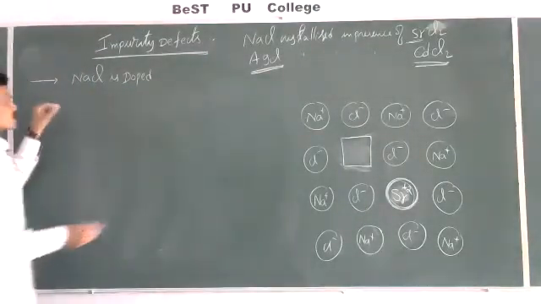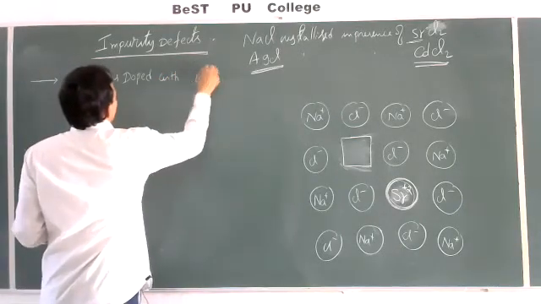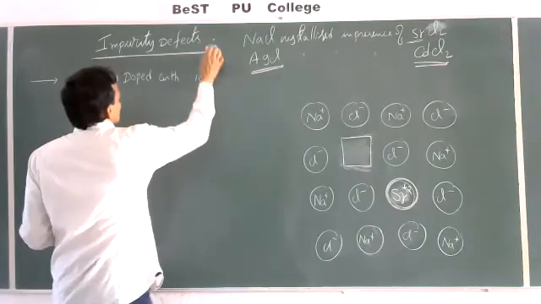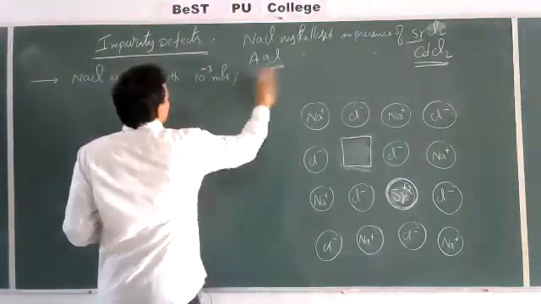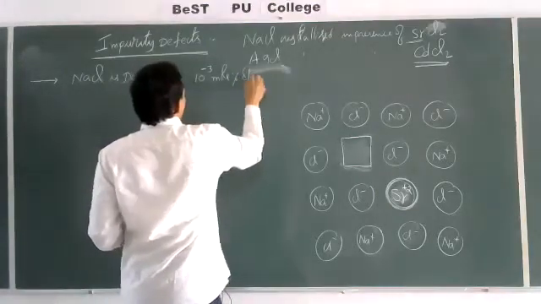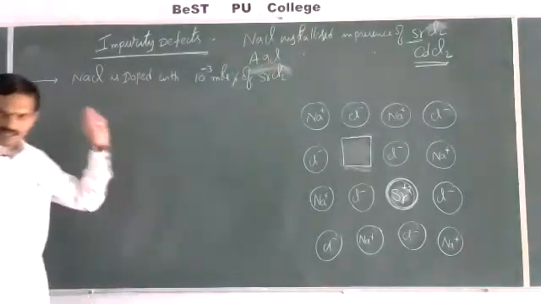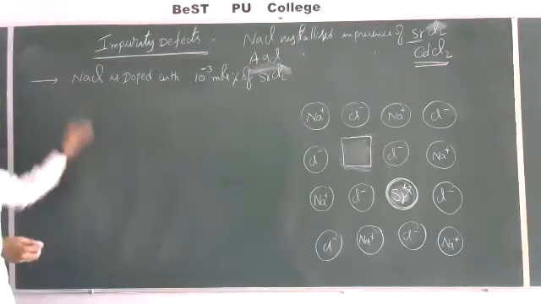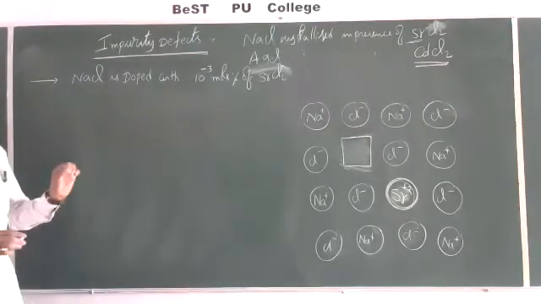So NaCl is doped with 10 power minus 3 mole percent of SrCl2.